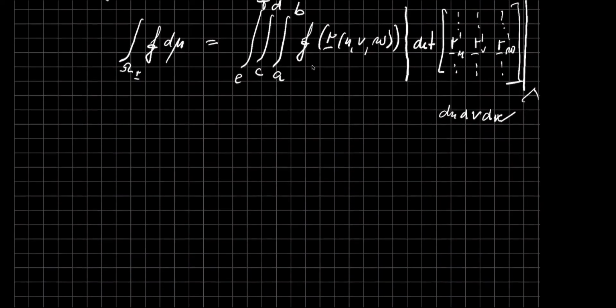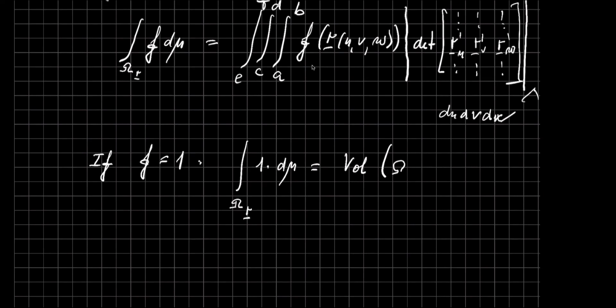Again, we have a special case, and this is if f is equal to 1, then you have that the integral of 1 times d mu is simply the volume of your solid region, like this.